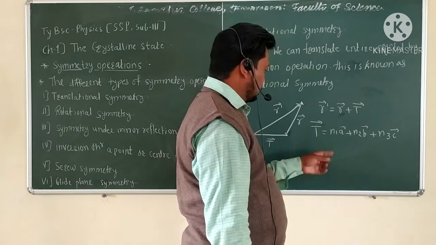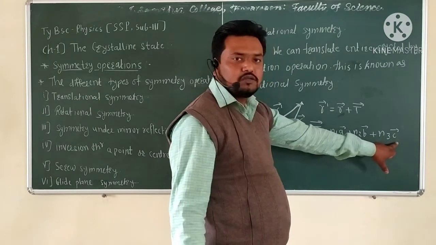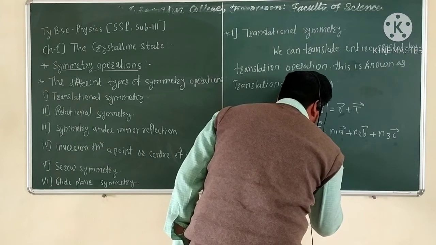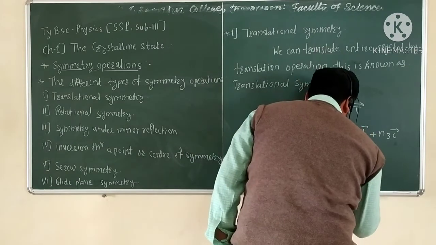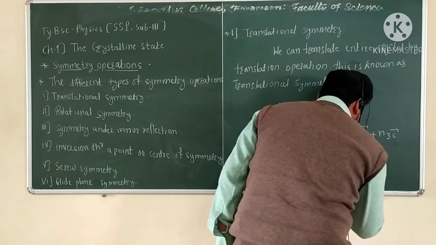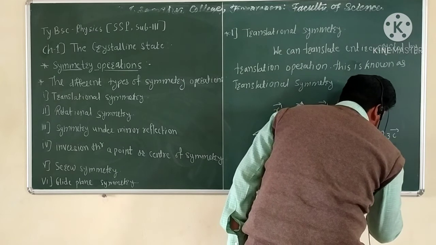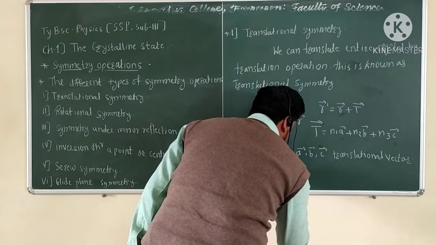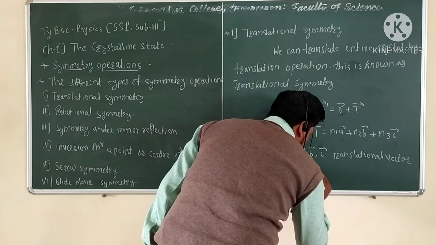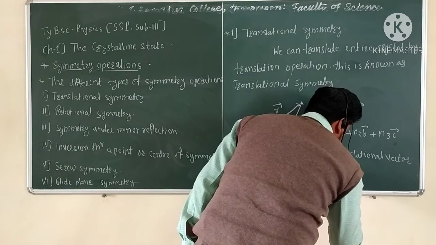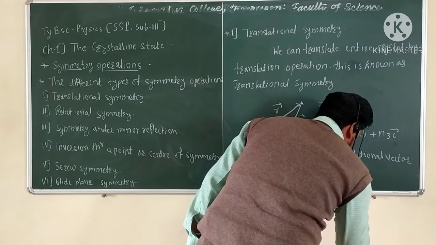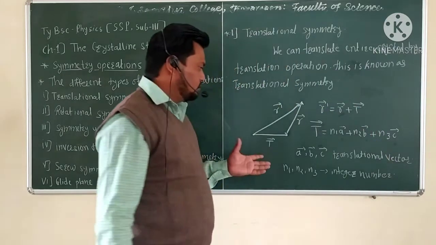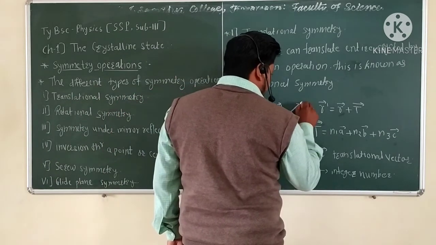In this relation, a bar, b bar and c bar are the primitive translational vectors, and n1, n2, n3 are integer numbers.